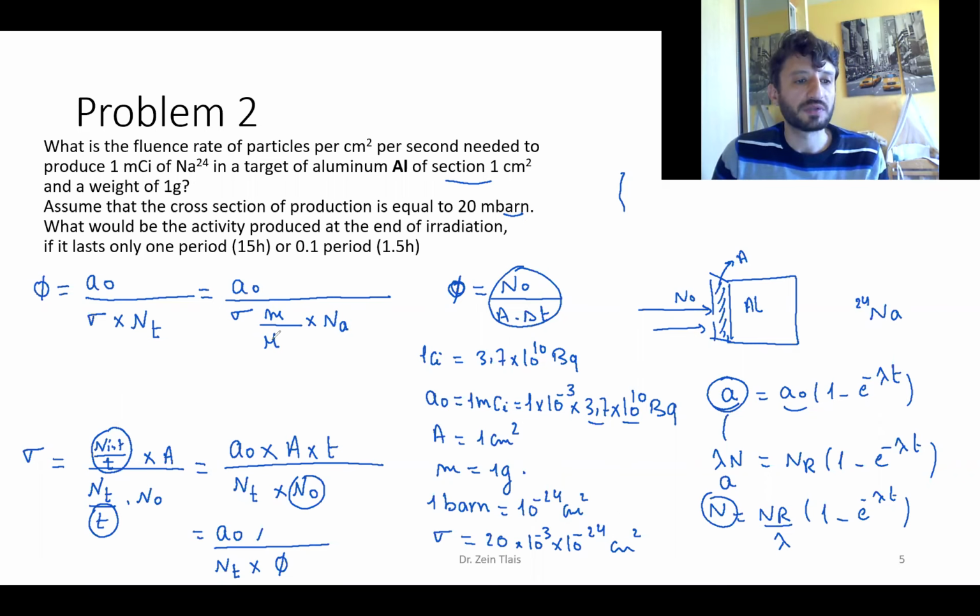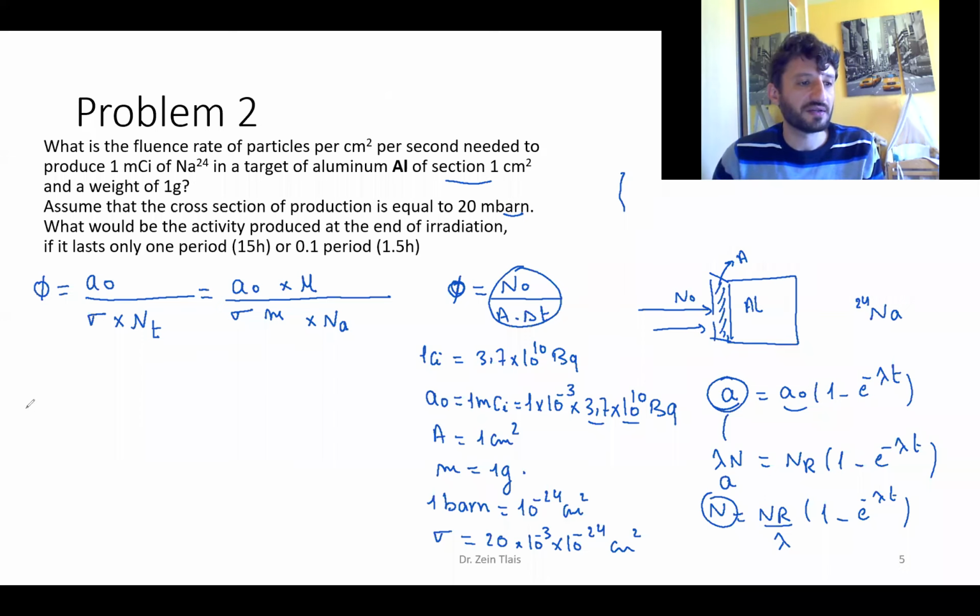We can put m here, molar mass, which is equal to 27 for the target. When I say target, I mean the aluminum, Al, equals about 27. Okay, now we have all the values. We have to substitute them here to calculate the flux.